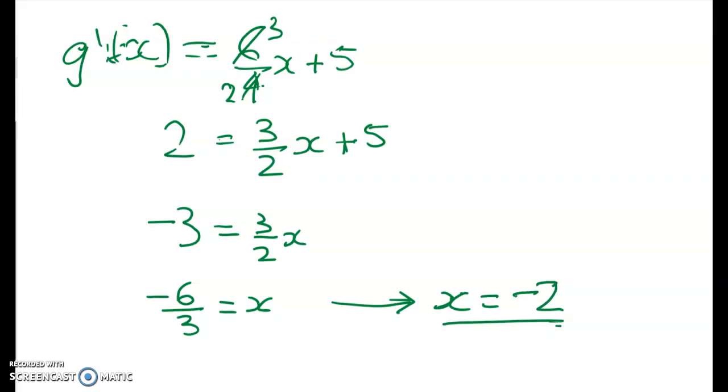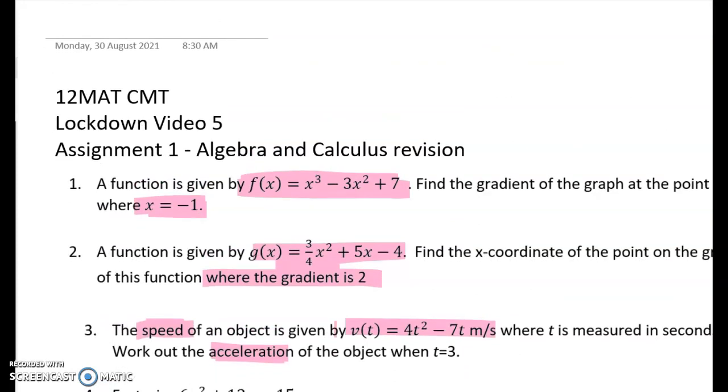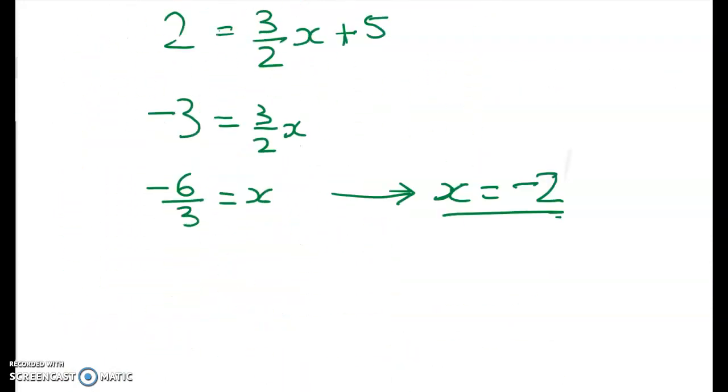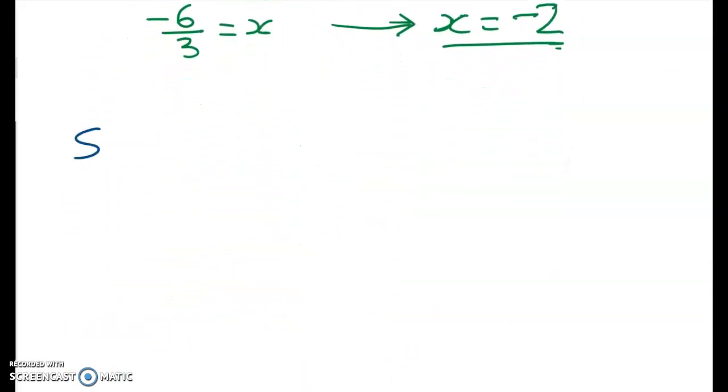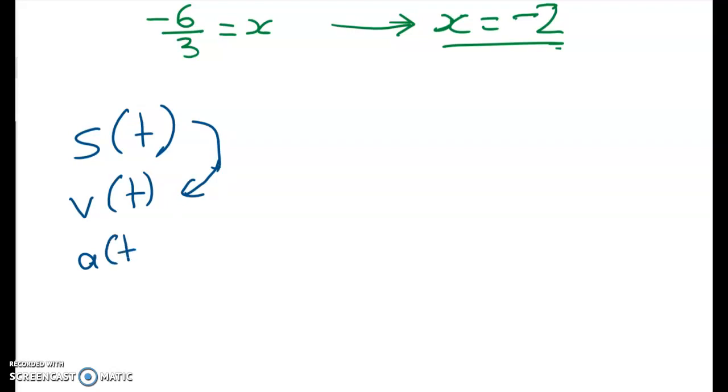Okay, let's just go back to the top and have a look at number 3. Well, number 3 is really easy. We're given velocity, and we have to find the acceleration where t equals 3. So remember when we're doing kinematics that we start with displacement, and then to get to velocity, we differentiate, and then to get to acceleration, we differentiate again.